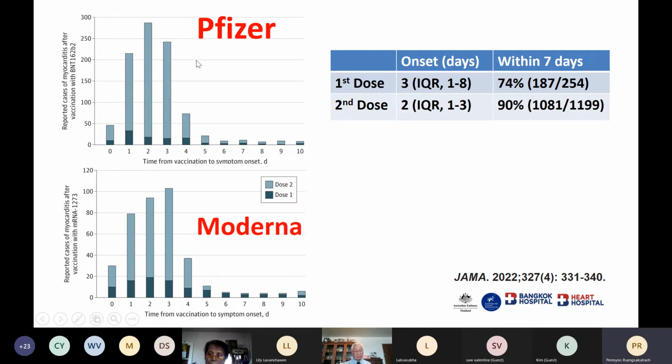The onset should start at 2 to 3 days after injection. It depends on the first dose or second dose, but it's not much different, 2 or 3 days after injection. If you have the symptom, you should go see doctor to get the treatment. Otherwise, you might go too late. Okay, too late, maybe not good.